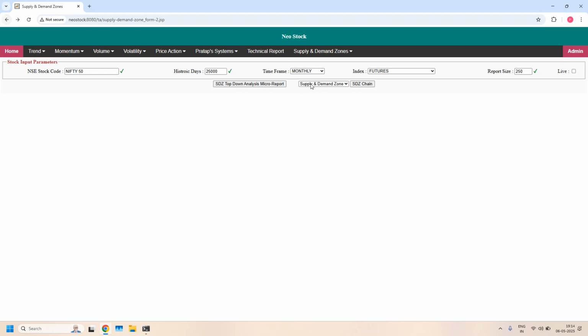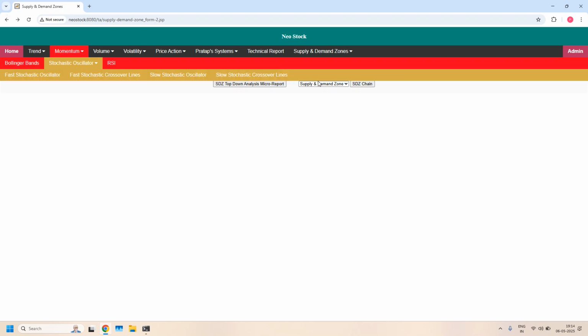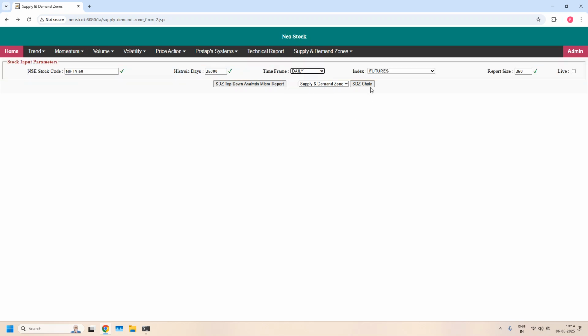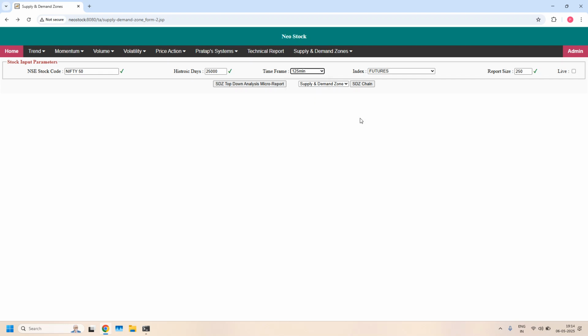Okay, next, generating weekly supply demand zone chain for Nifty. Next, generating daily supply demand zone chain for Nifty. Next, generating 125 minute supply demand zone chain for Nifty.